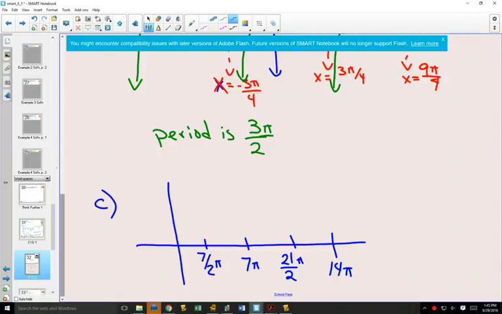A sine graph goes up to a maximum of 1 and down to a minimum of negative 1. Where does a sine graph start? Right at the center line. Going up, back to the center line, down to its minimum, back to the center line.